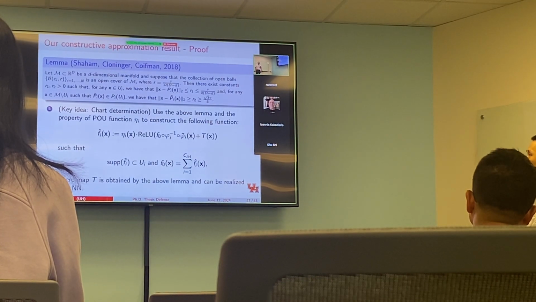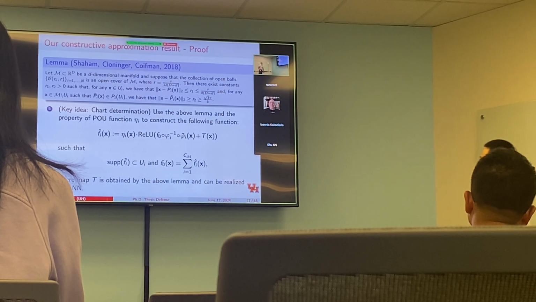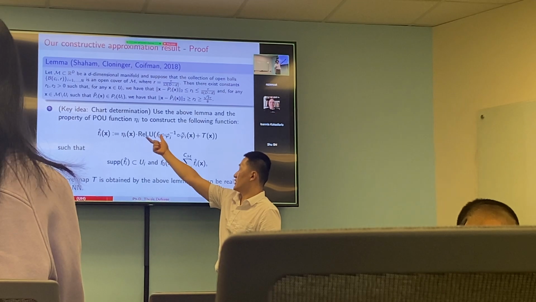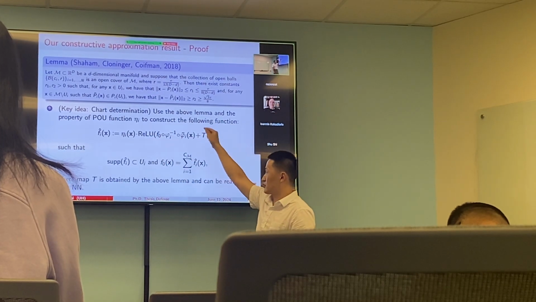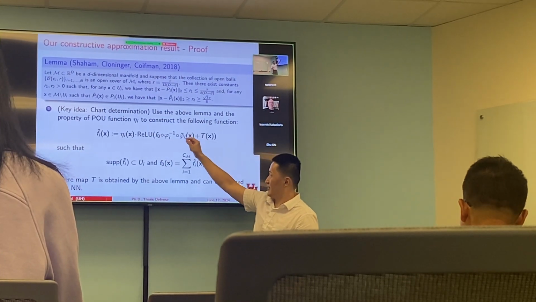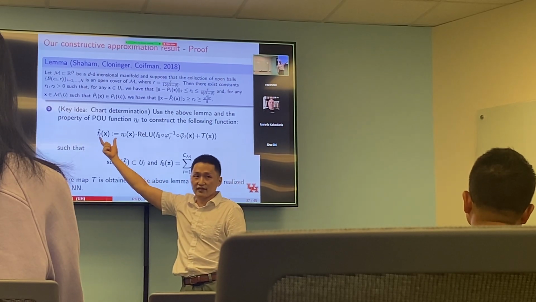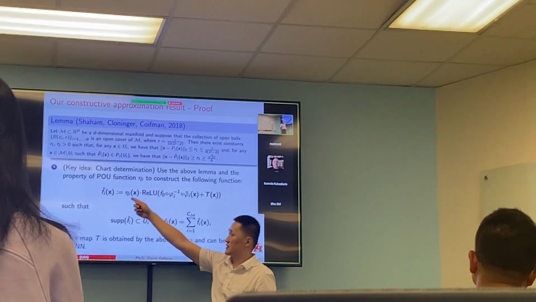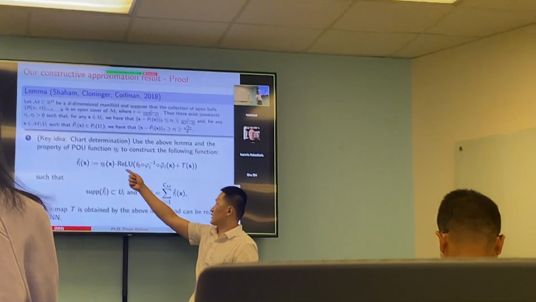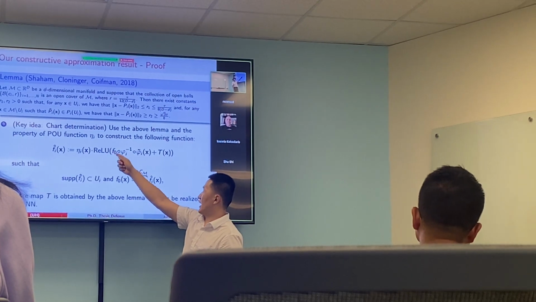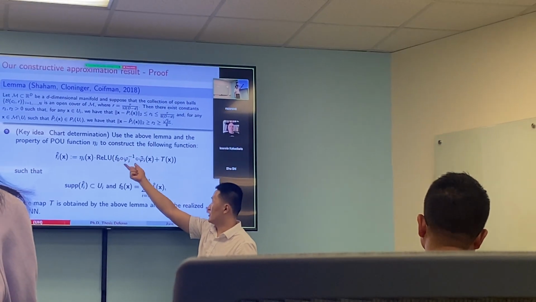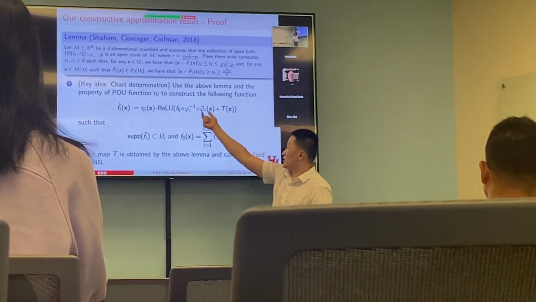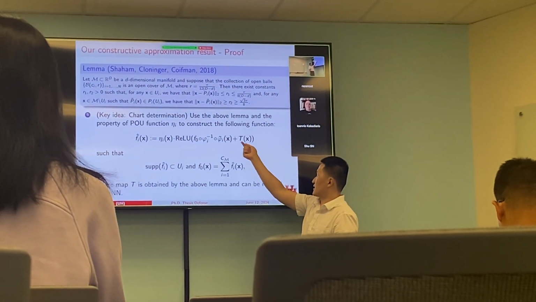We use the above lemma by Shang, Koenig, and Kolyfman, and use the property of the partition of unity rho_i. We construct the following new function, f_i hat of x, equals rho_i, the partition of unity function, times the ReLU function of f naught composed with phi_i inverse composed with phi_i tilde of x plus t of x.